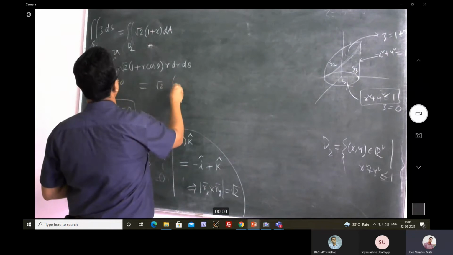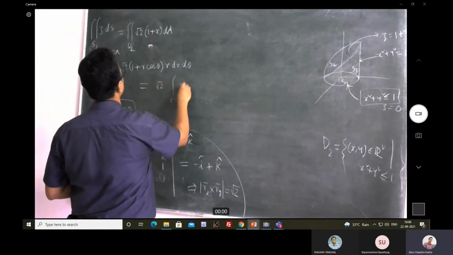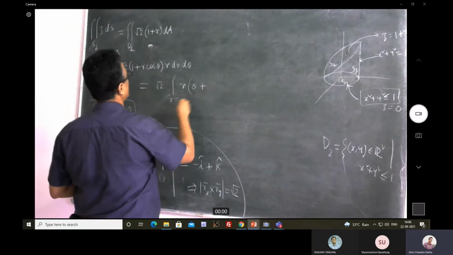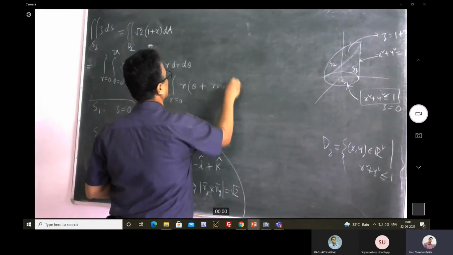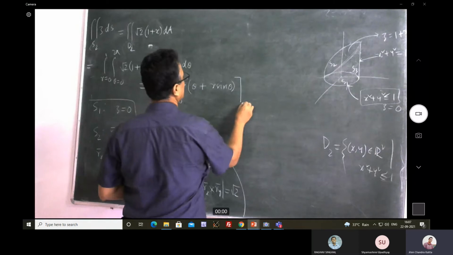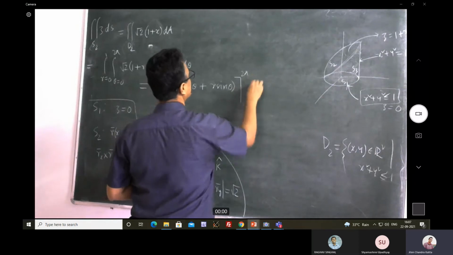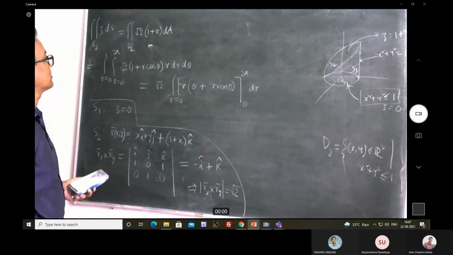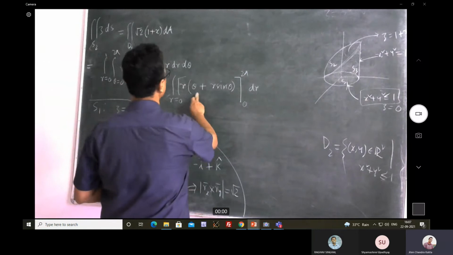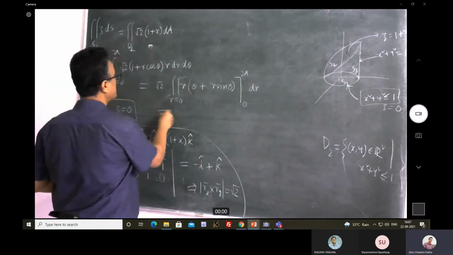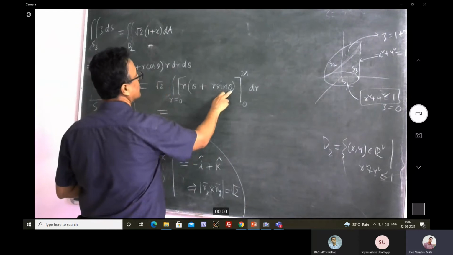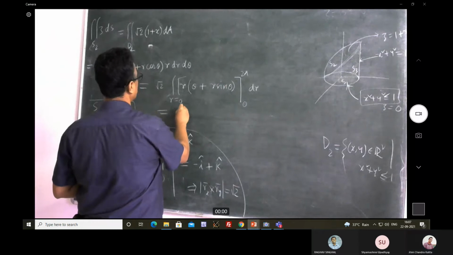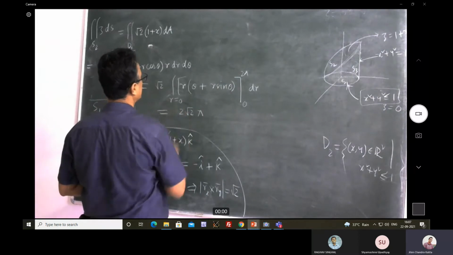So it is going to be r into theta plus r sine theta, theta equal to 0 to 2 pi, dr. Obviously, this is going to give me, because sine 0 and sine 2 pi are both 0, 2 root 2 pi.